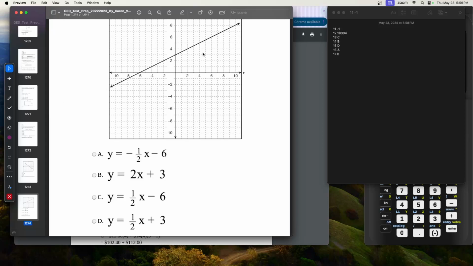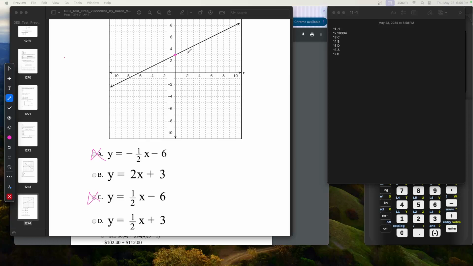Do you see where the intercept is on this graph? Like, what is the y-intercept of this graph? 3. Yeah, it's definitely 3. It's right here. The line hits the y-axis at 3. So definitely the answer is not A or C, because we want the plus 3, right?